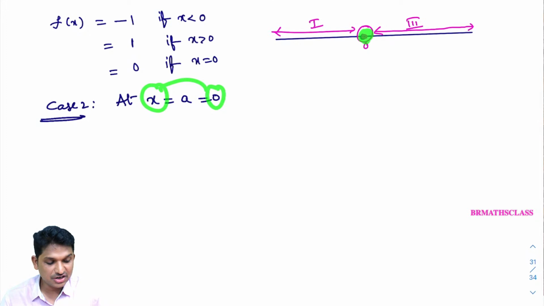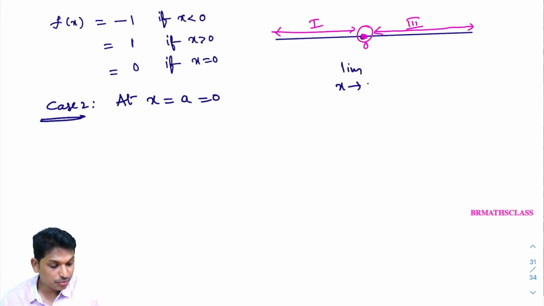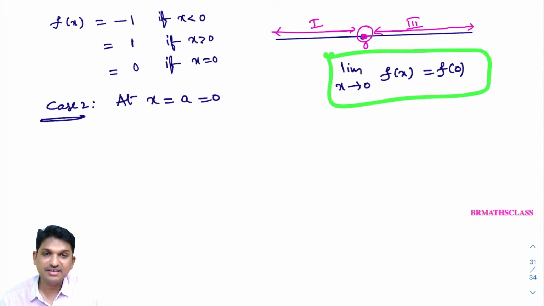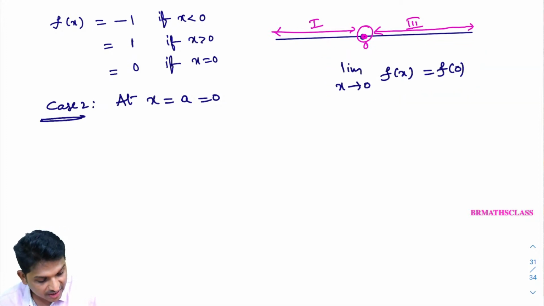When we say function is continuous at x equal to 0, we know this point: limit x approaches to 0, f of x equal to f of 0. Then we say that this function is continuous at x equal to 0. Correct? Okay.